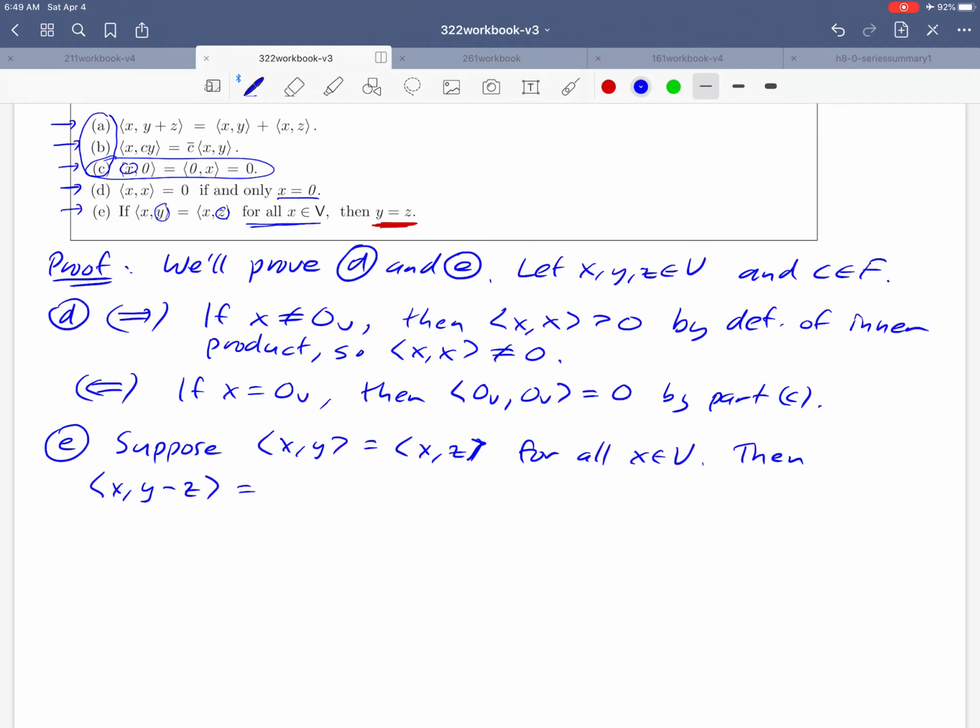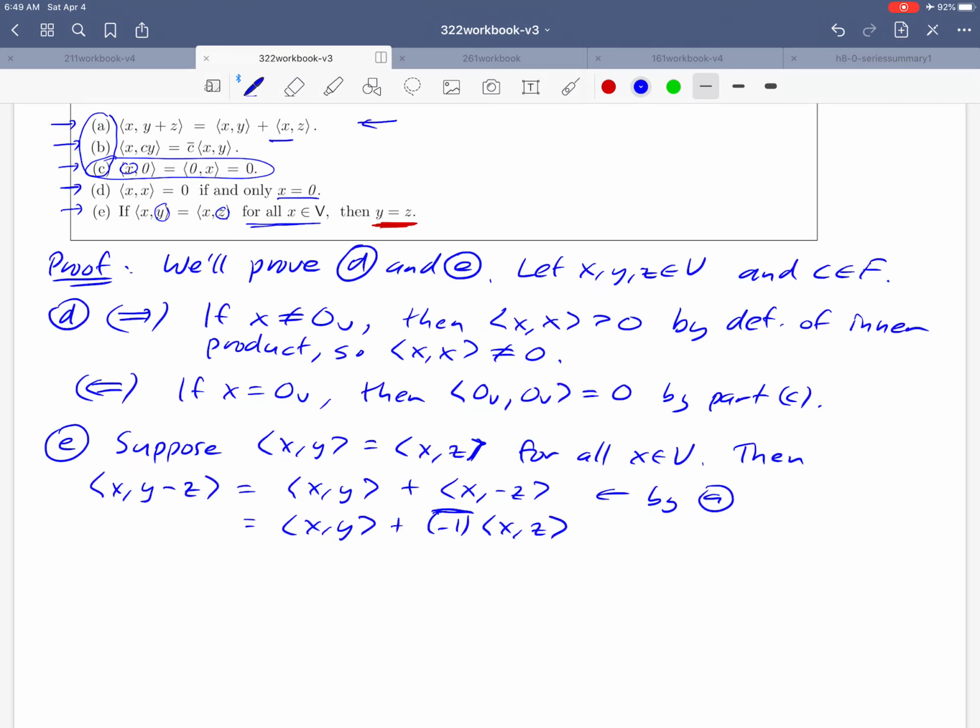Okay, so first observation, if we use part A up here, we can split that up using linearity into the inner product of x with y plus the inner product of x with negative z. Okay, then that's equal to this. Do you see where we got that statement? We took the minus 1 that was in front of the z and pulled it out as a complex conjugate.